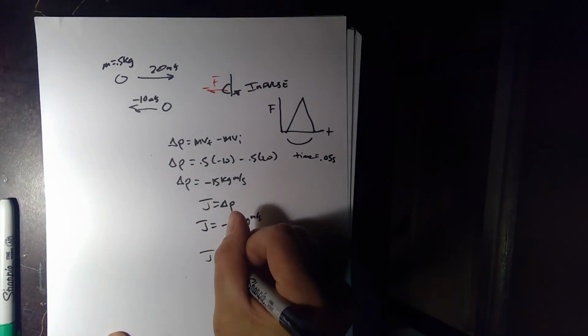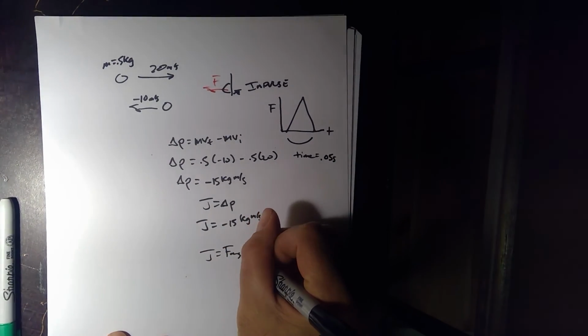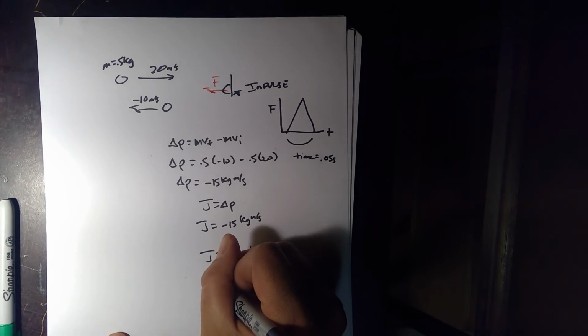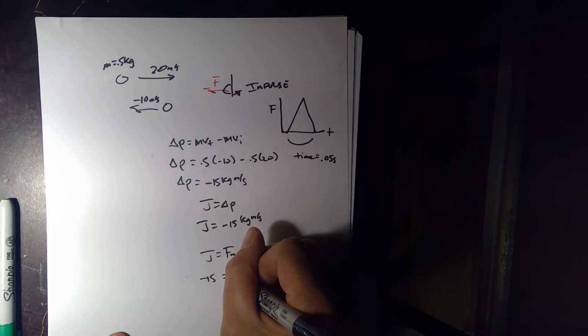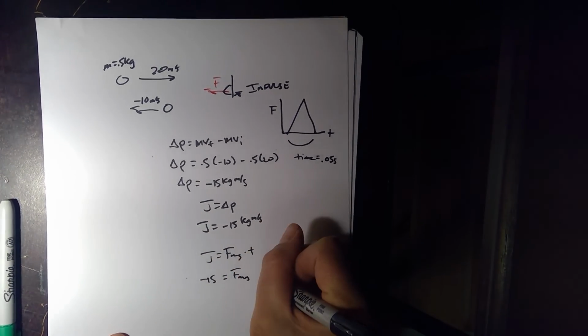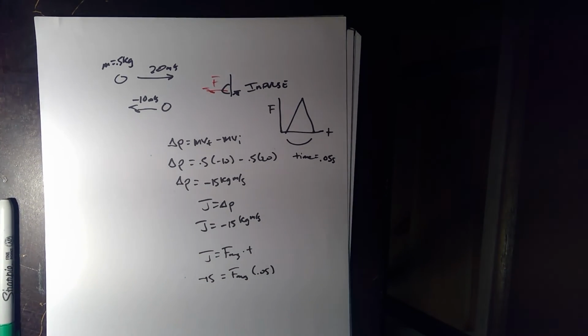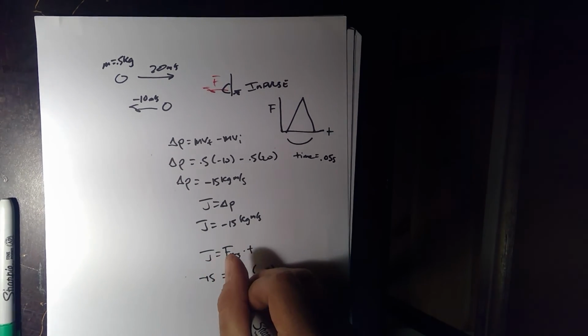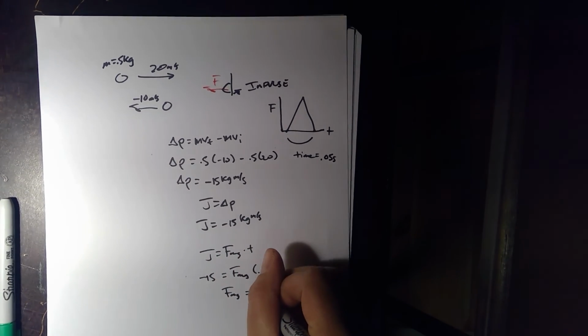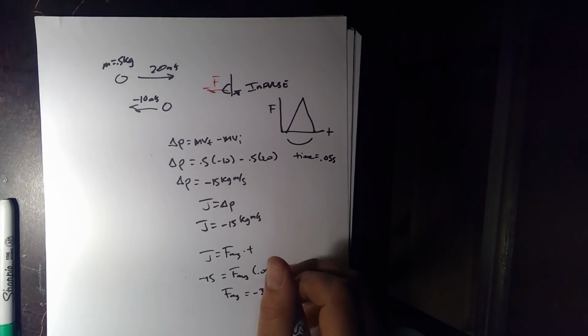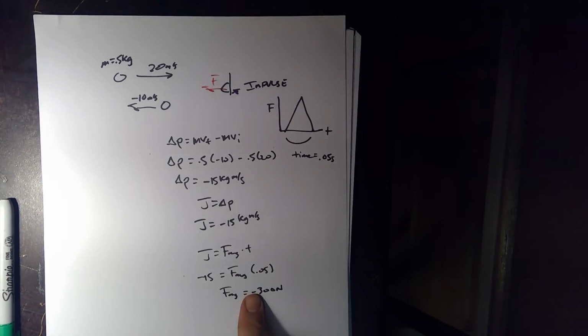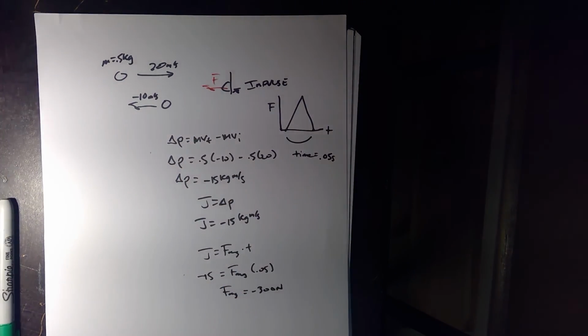So if J equals the average force times the collision time, well, now I know that J is negative 15, and my force is unknown, and the collision time is 0.05 seconds. So negative 15 divided by 0.05 gives me the average force, which would be equal to negative 300 newtons, which makes physical sense to me because if I'm looking at that negative sign, that force is to the left, and now I have my force.